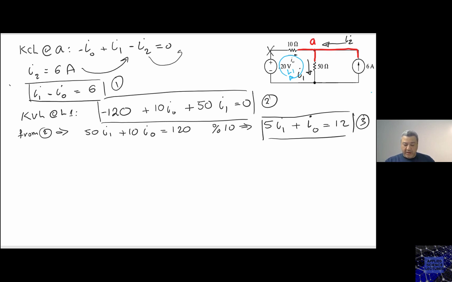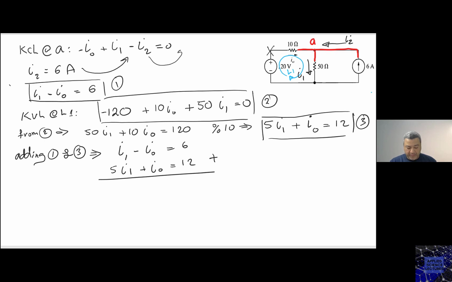Now if I add 1 and 3, I get 6 I1. You can put them: I1 minus I naught equals 6, and 5 I1 plus I naught equals 12.